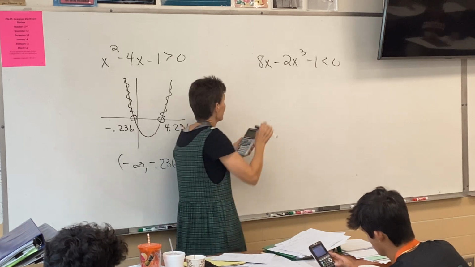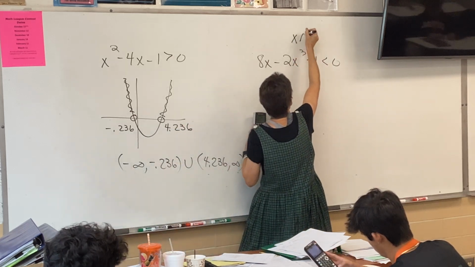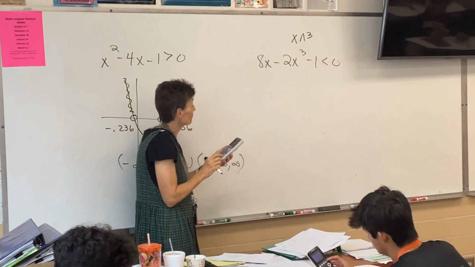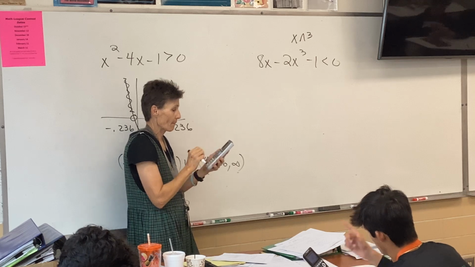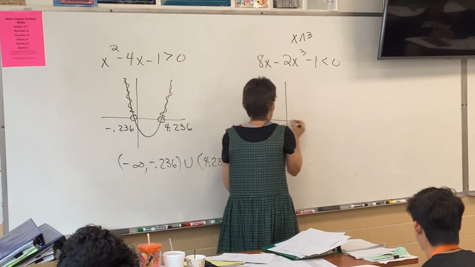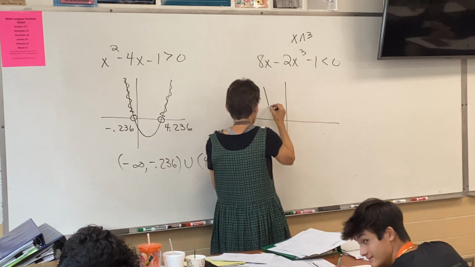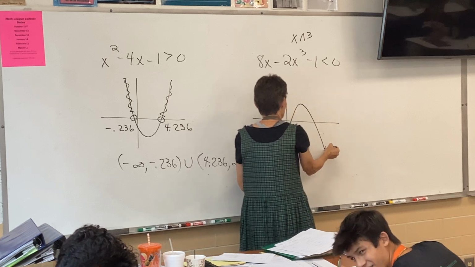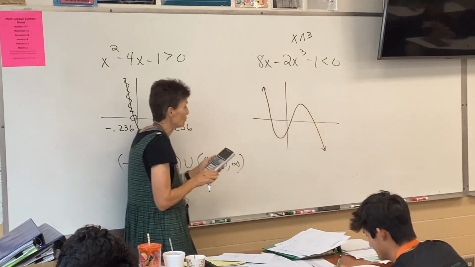And remember, to get x cubed, you can use that caret button right there. And we got a classic cube shape. It's a squiggly. Cubes are squigglies like that. That's what cubes look like.